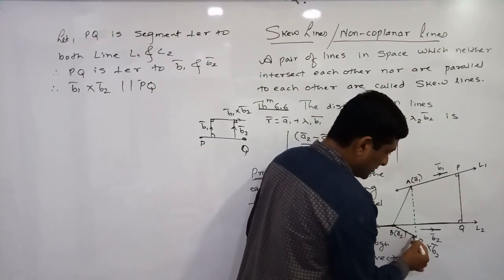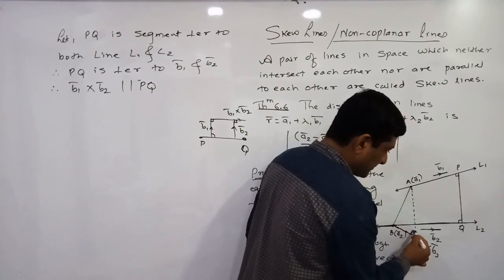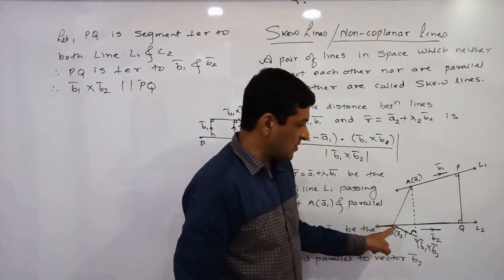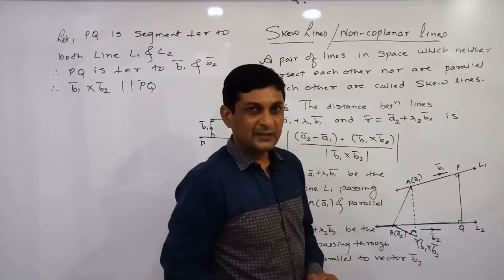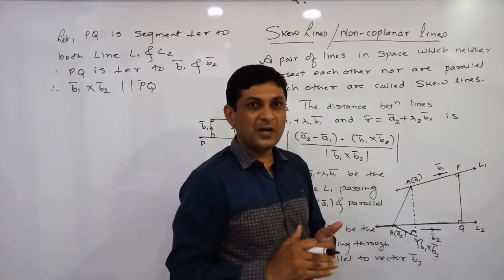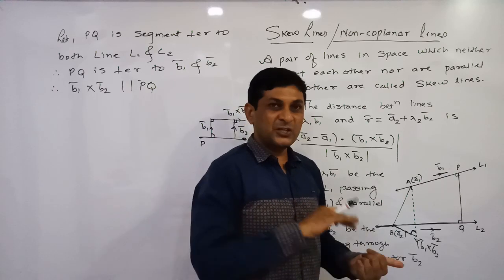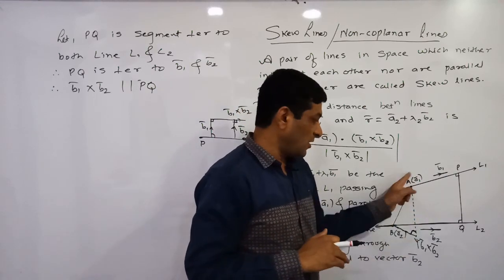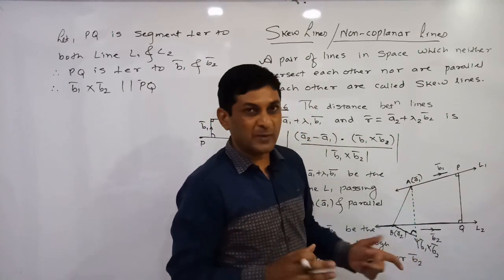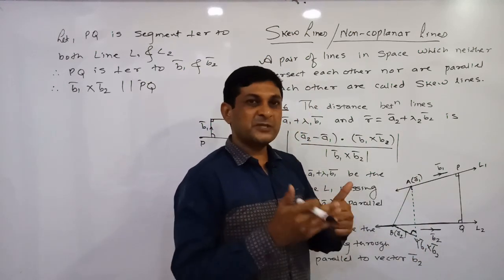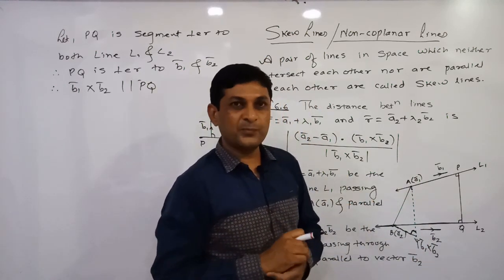Now a perpendicular is drawn from point B on this vector, try to understand it very carefully. One perpendicular is drawn from point B on B1 bar cross B2 bar. Then we have to check whether PQ is the projection of this AB bar on B1 bar cross B2 bar or not. For that purpose, let us revise the definition of projection.